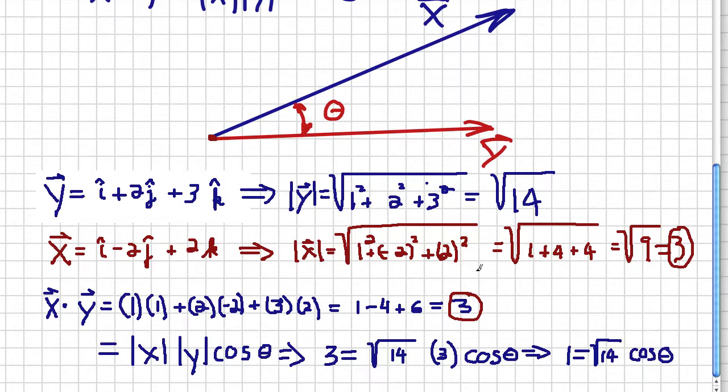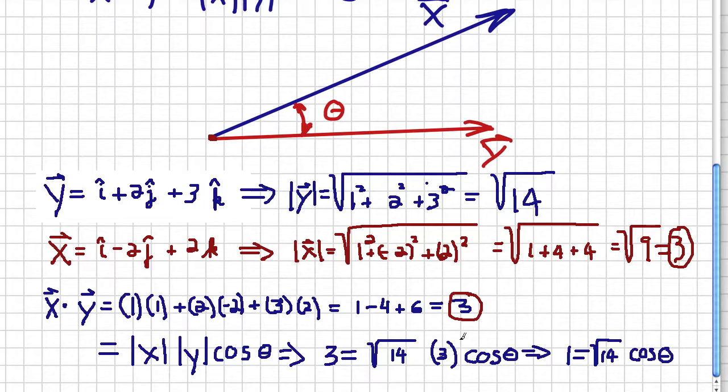Okay, now remember, I also said the dot product can be written as the magnitude of x times the magnitude of y times the cosine of the angle between the two vectors. Well, I plug in what I've already computed for the dot product, that's 3. So 3 must be magnitude of x times magnitude of y, which is square root of 14 times 3, times the cosine of the angle between the two vectors.